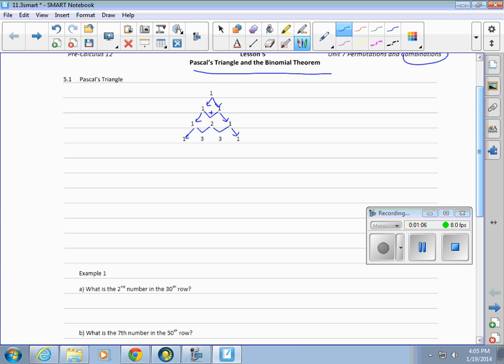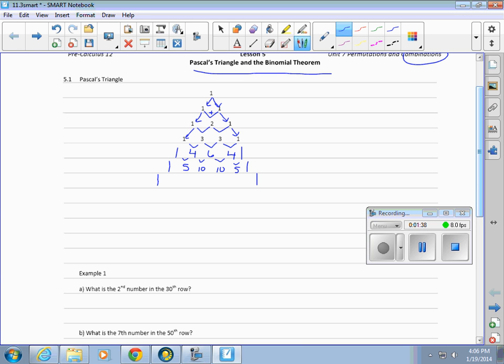My 1's come down. So my next row, I would have a 1 and a 1. And then I would do 1 plus 3 is 4, 3 plus 3 is 6, 3 plus 1 is 4, and then, of course, my 1 that came down. My next row would have my 1's on the ends, and then it's that adding. 1 and 4 is 5, 4 and 6 is 10, 6 and 4 is 10, 4 and 1 is 5, and then my 1.